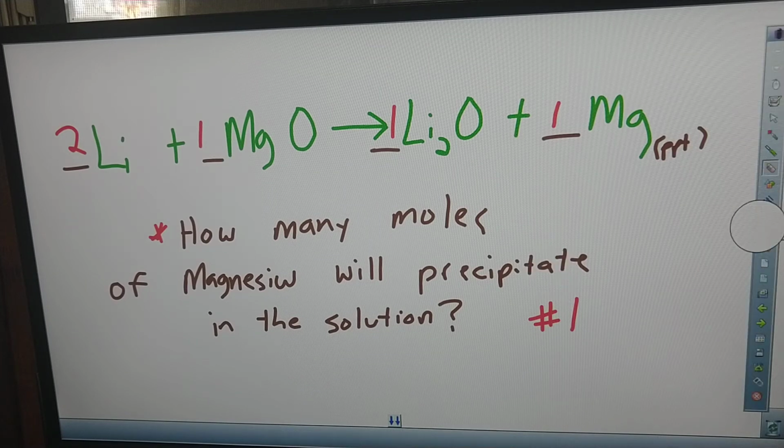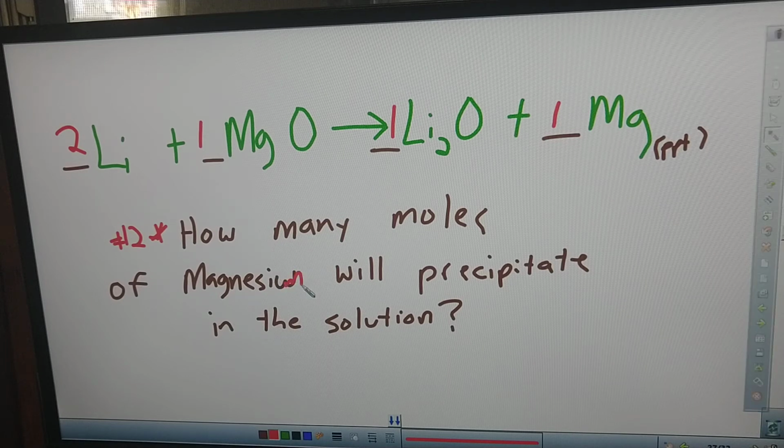Question number 2 is this. How many moles of magnesium will precipitate in the solution? Okay. We don't know yet, do we? Because I need to ask you more of a question. I'm going to add to it.